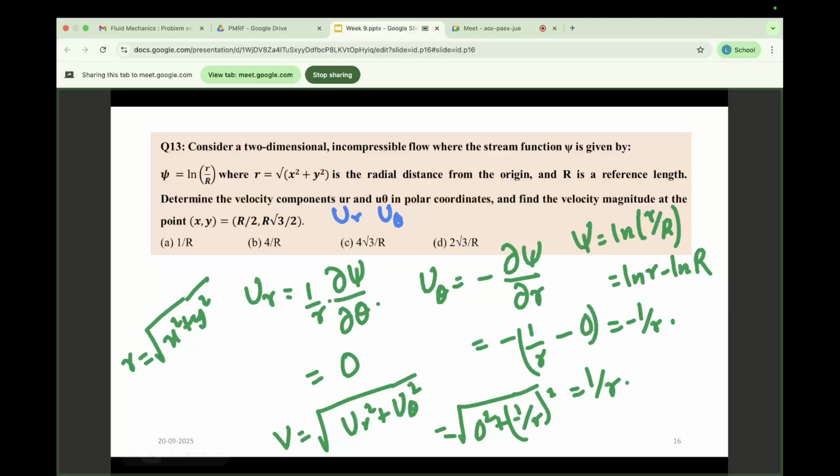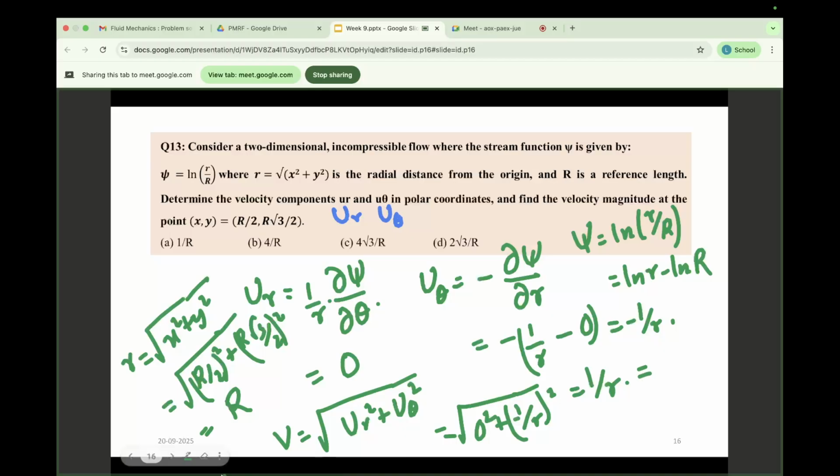So we need to find r. This point is r by 2 square plus r root 3 by 2 square, so r square by 4 plus 3r square by 4, that means it is r.